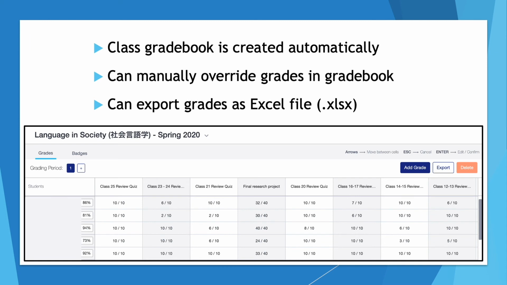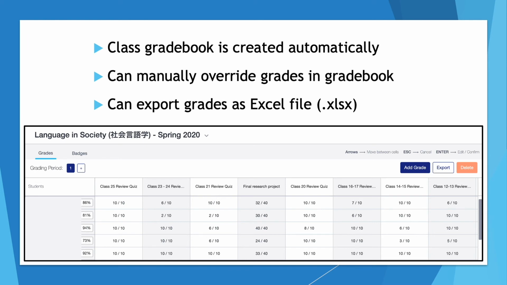When we're grading students one by one, all of the grades that we enter will be automatically entered into a class gradebook. You don't need to create this gradebook yourself. It is created automatically based on the quizzes and assignments that you create. So every quiz and every assignment that you create will be automatically added to this gradebook.